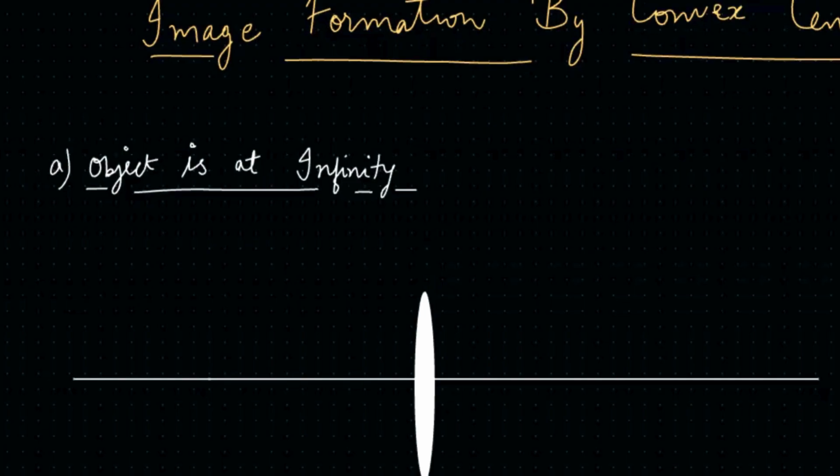See, the first thing, this line, this is called the principal axis. Here, this is the principal focus. Since this is a biconvex lens, there will be two focal points, f1 and f2.